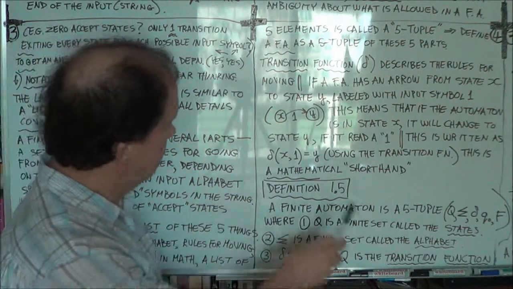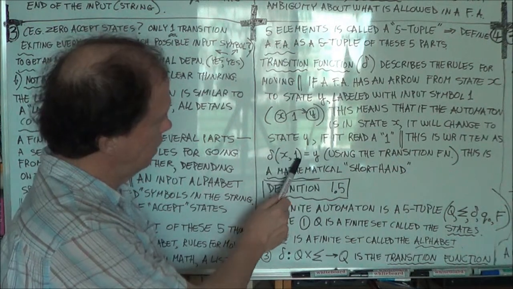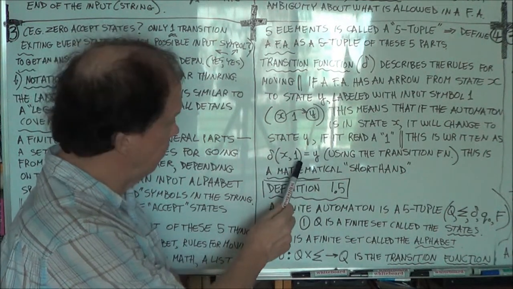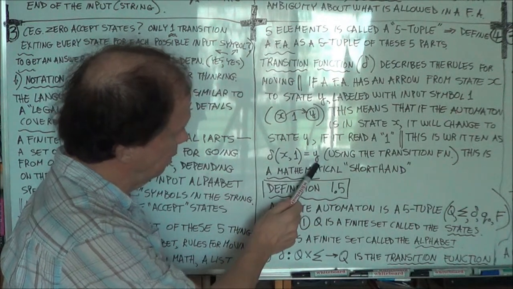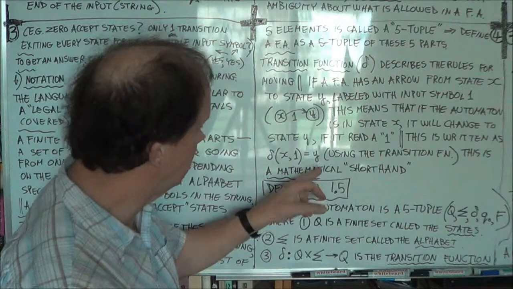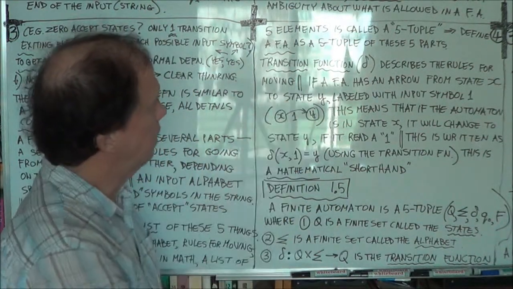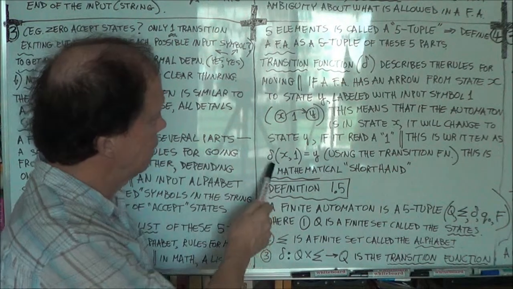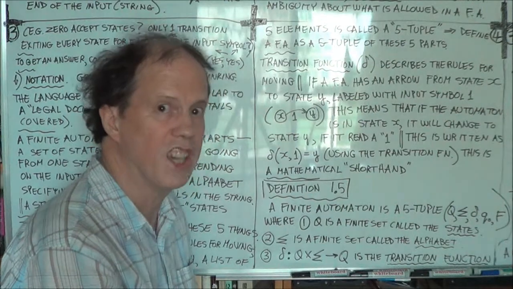Okay? So look at it as a function with two parameters: the current state and the symbol being read, and the output of this function is the next state, Y. Right? So that's what this delta is. It's a transition function. So this is a mathematical way of describing the state transition table.